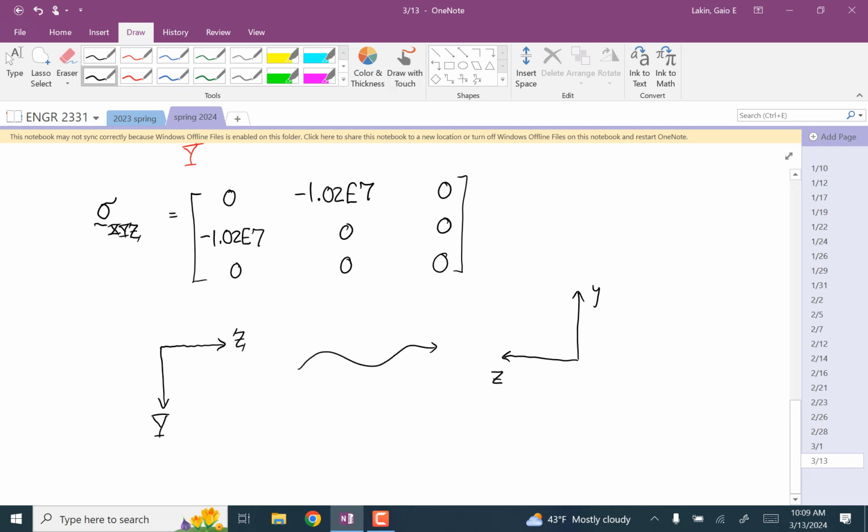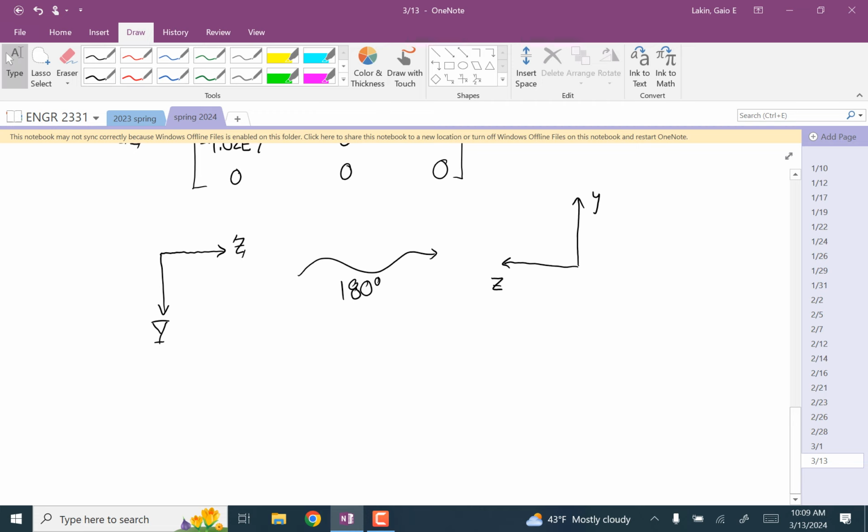So what is that angle? It doesn't matter for 180 whether you go clockwise or counterclockwise.